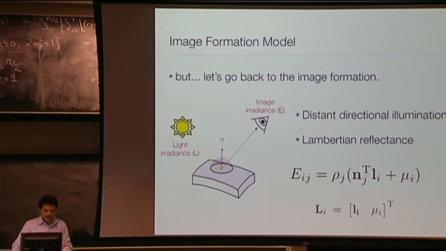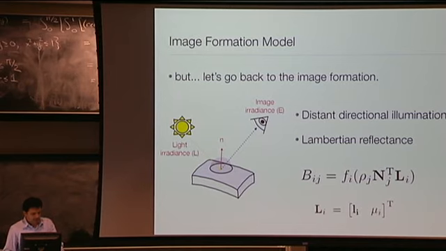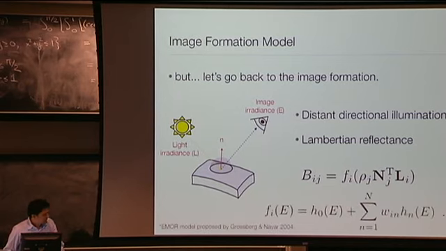Then the image intensity is the value estimated by the function f. In this case, the function f corresponds to the camera radiometric function, expressed as a linear combination of basis and some coefficients. We extract this model of the basis for the camera response function from the empirical model proposed by Grossberg and Nayar in 2004.